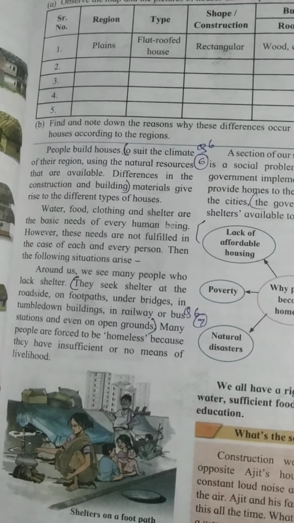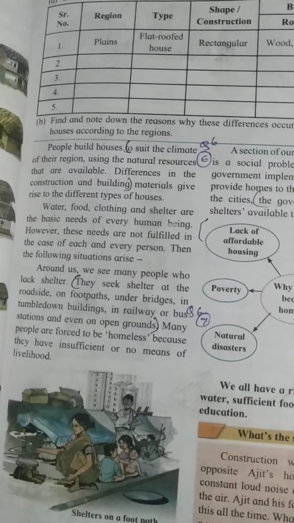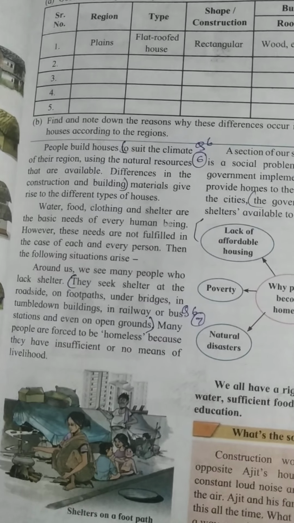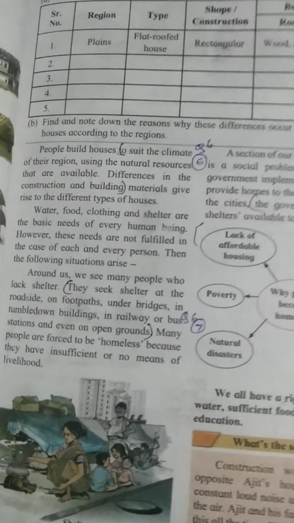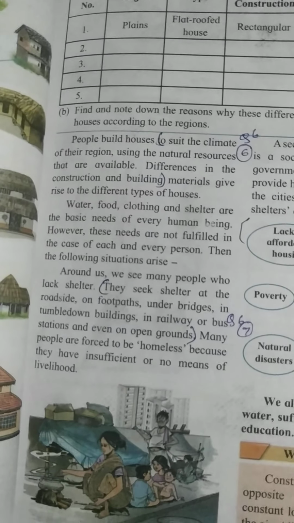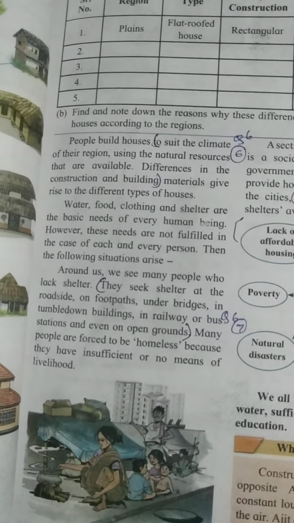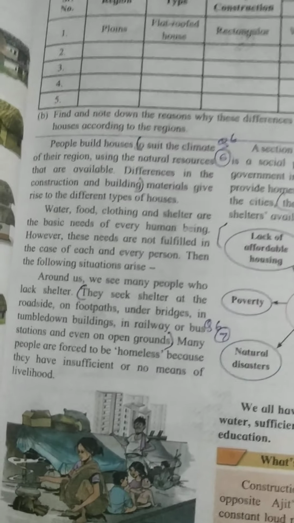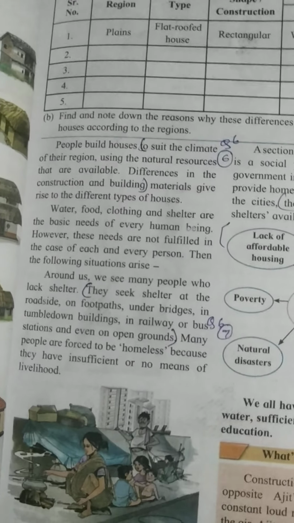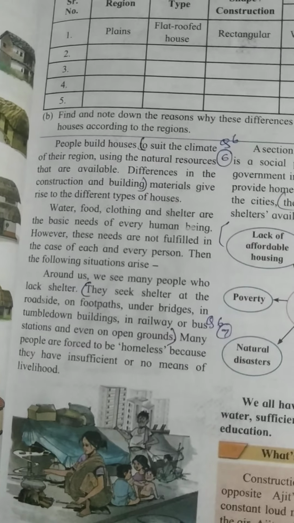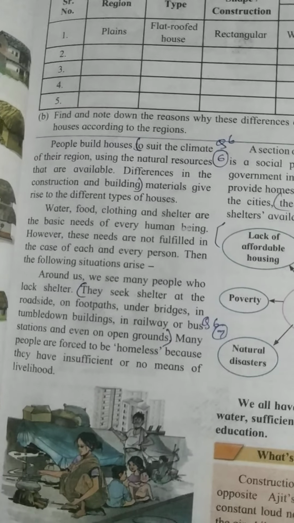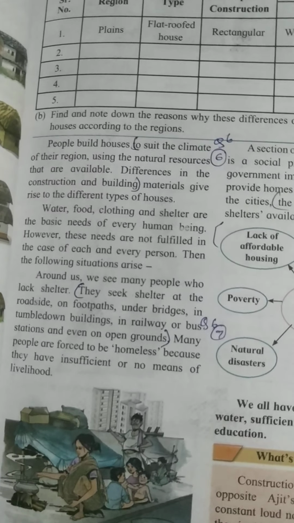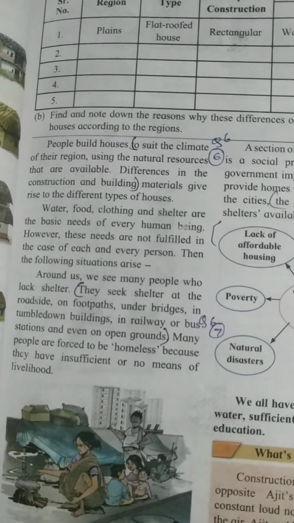That we will see. Around us we see many people who lack shelter, meaning who do not have shelter. Such people seek their shelter at the roadside, on the footpath, under the bridge, in tumbledown buildings, at railway or bus stations, and even in open ground.